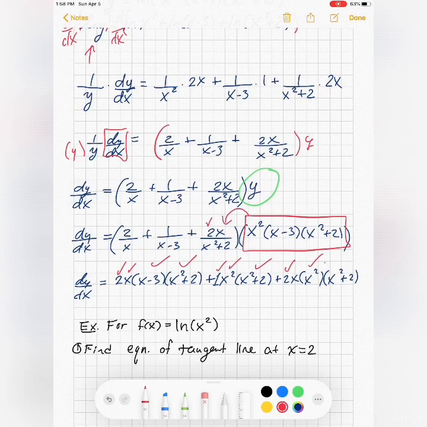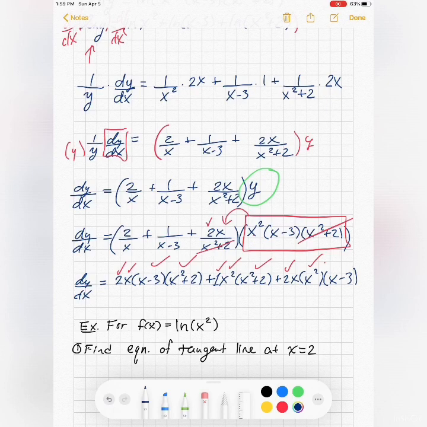And then I think my mistake was my x squared plus 2 canceled with my x squared plus 2, and I should have had here an x and x minus 3.